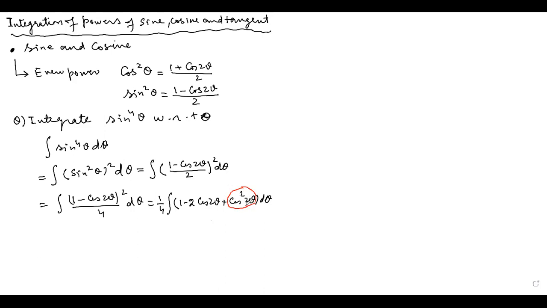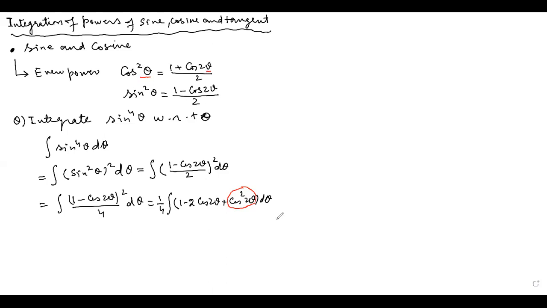Now we want to replace the value for cos square 2 theta. Now, if I will replace this theta with 2, then I will have to replace this also, this theta with 2. Then this expression will become cos square 2 theta is equal to 1 plus cos 4 theta over 2.